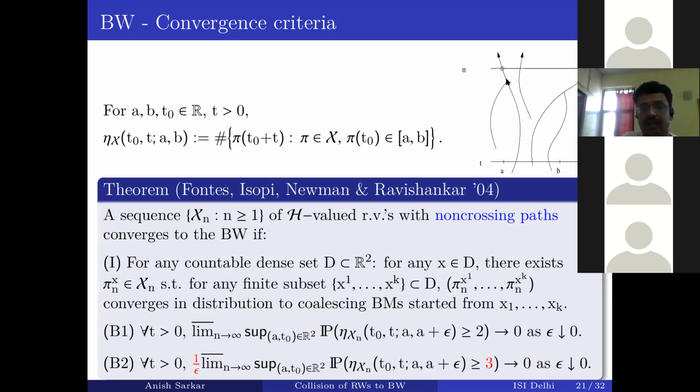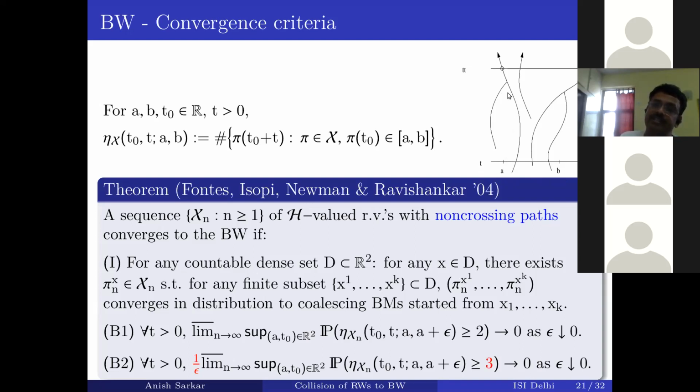The two points are actually (a, t_0) and (b, t_0). We are looking at all paths which start before time t_0, and go through this segment from a to b, and have distinct points here.